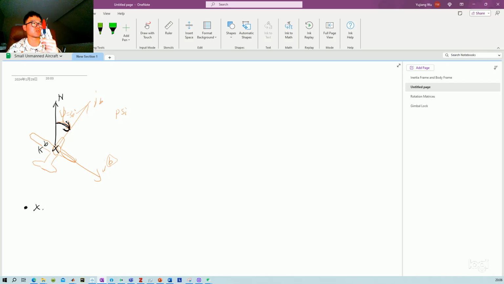We also need an angle that describes the vertical plane, whether the nose of the plane is pointing up or pointing down. The one we use to describe that is called the pitch angle.